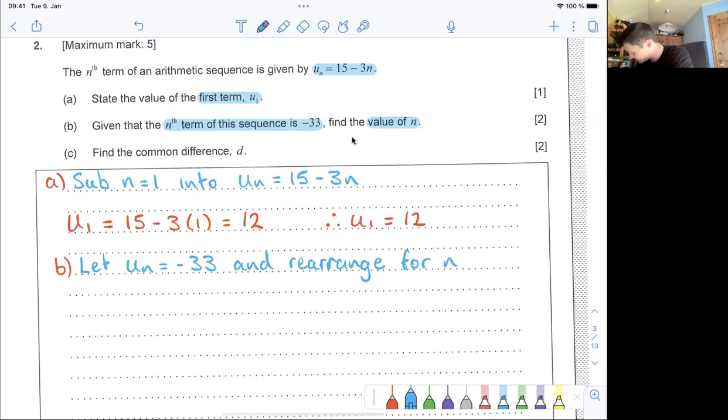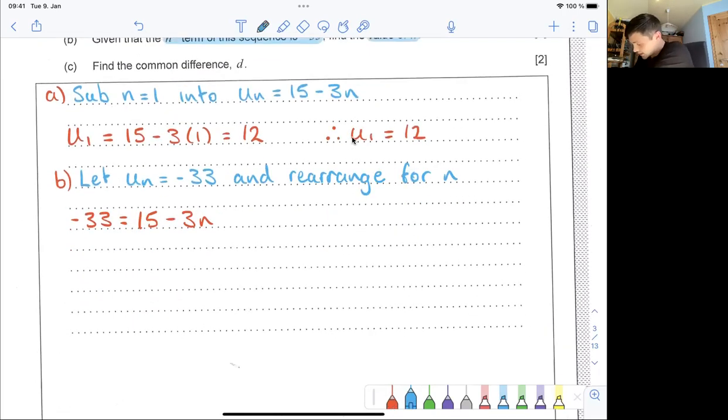for n. Okay, so we're going to let un equal negative 33. So negative 33 is equal to 15 minus 3n. From here, first of all, let's subtract 15 from both sides. And that's going to give me negative 48 is equal to negative 3n.